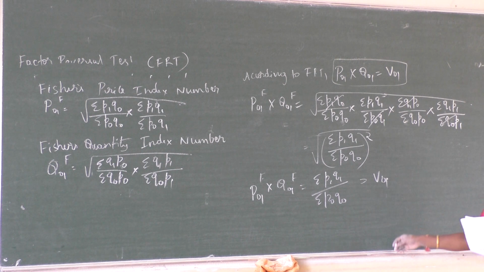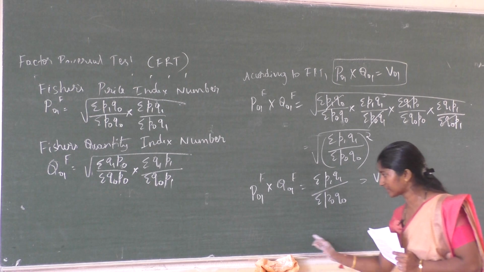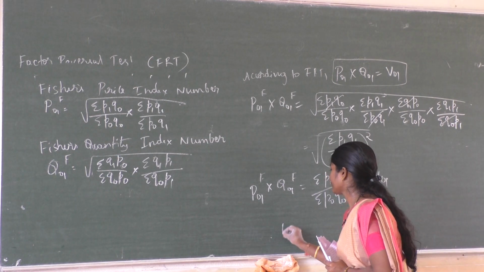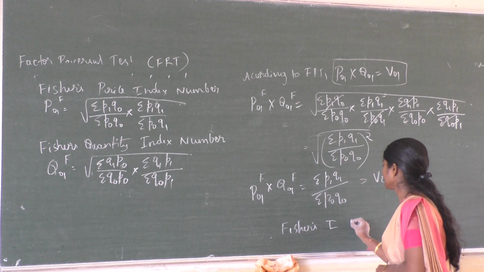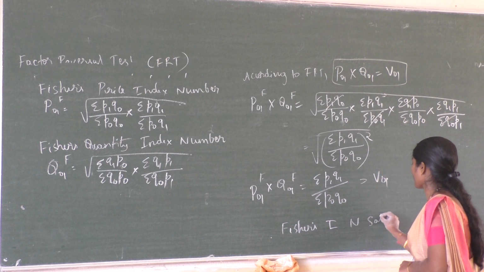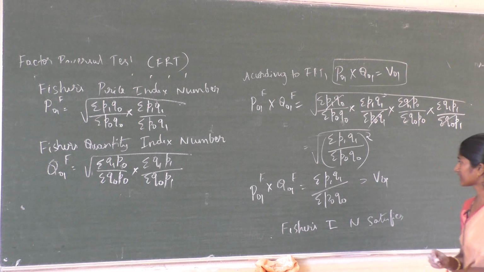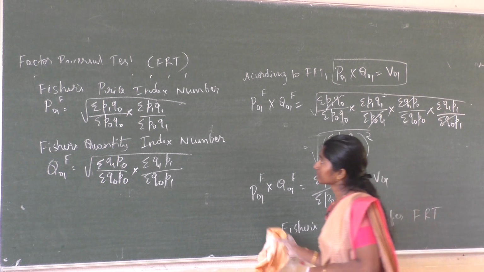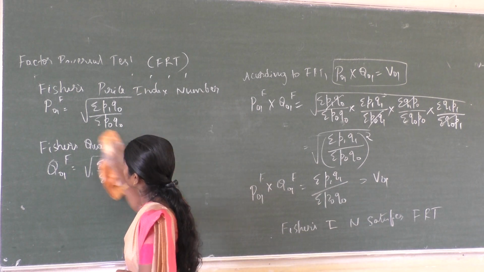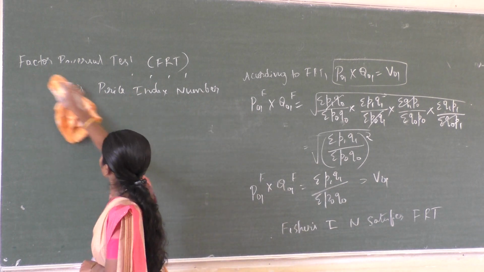Now we have proved this one. When you take the other index numbers, they do not satisfy, only Fisher satisfies. Lastly, you have to write here, therefore Fisher's index number satisfies the factor reversal test. Another one, last one, I will do that one.